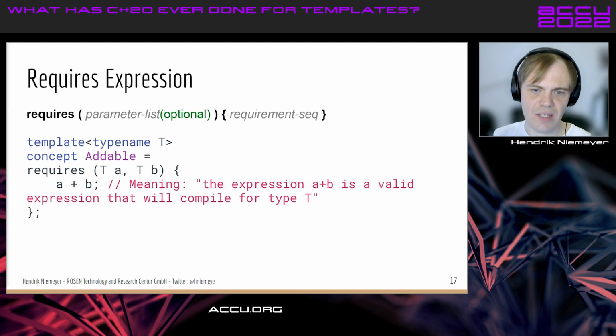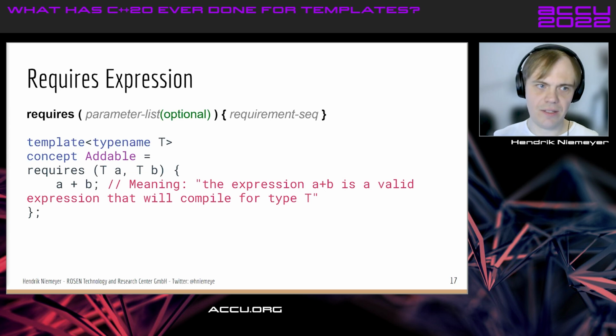And in these cases, the requires expression will evaluate to false and does not cause a program to be ill-formed. And if substitution and semantic checking succeeds, the requires expression will evaluate to true.